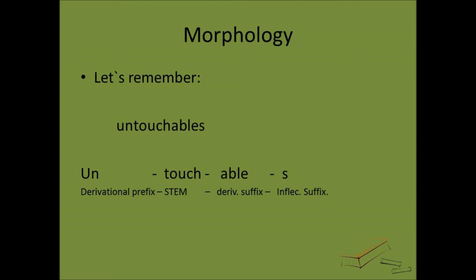Of course, un is a derivational prefix because it comes at the beginning of the word and it actually changes its meaning. Touch, well, it stands by itself, so it is a stem. Able is a derivational suffix since it changes the word as well, but it is at the end of the word. And s is an inflectional suffix since it is giving us grammar information, but it doesn't change the meaning of the word.